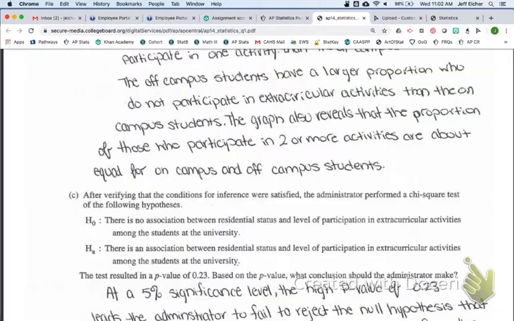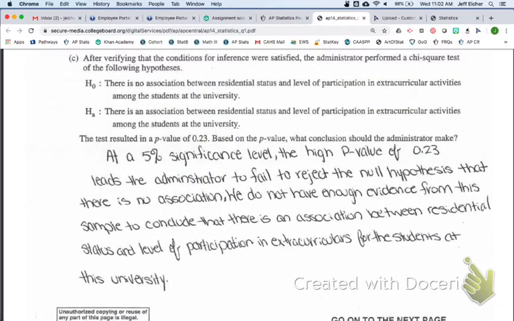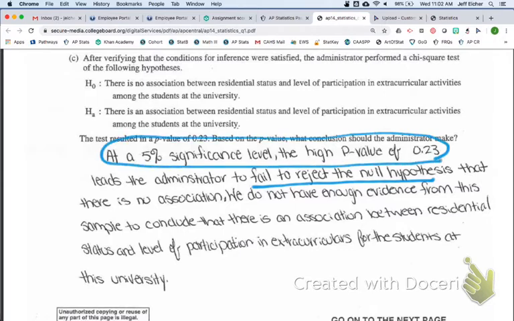And then the last part we have, at a 5% level, the high p-value leads the administrator to fail to reject the null. Here's the comparison, high p-value compared to 5%. Fail to reject the null that there's no association. We do not have enough evidence from the sample to conclude that there's an association in the context.